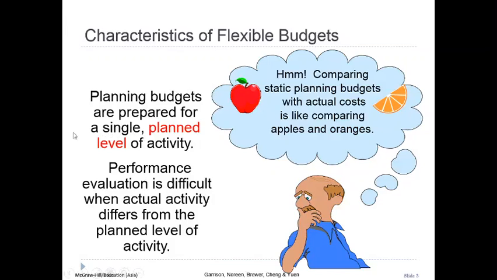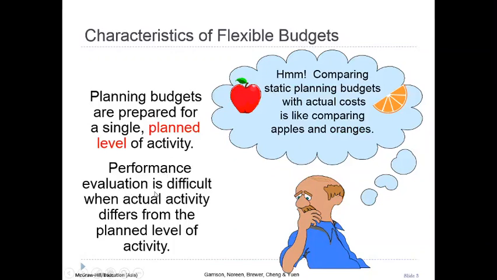Let's say we wanted to make 500 sales. How much production is needed in order for us to achieve that 500 sales later on? This is what we call a single plan level of activity. This is the one that we have learned in the previous chapter.